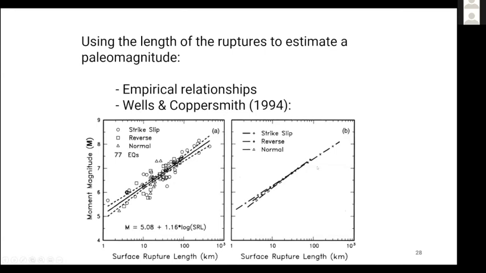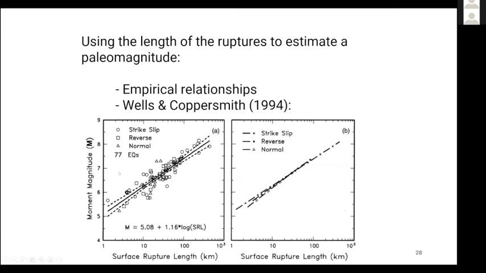Now what would happen if we would feed these data into our Wells and Coppersmith earthquake scaling relationship equations, right? So there are these famous equations from their 1994 paper where you have the surface rupture length, and then you can get an idea of the moment magnitude.